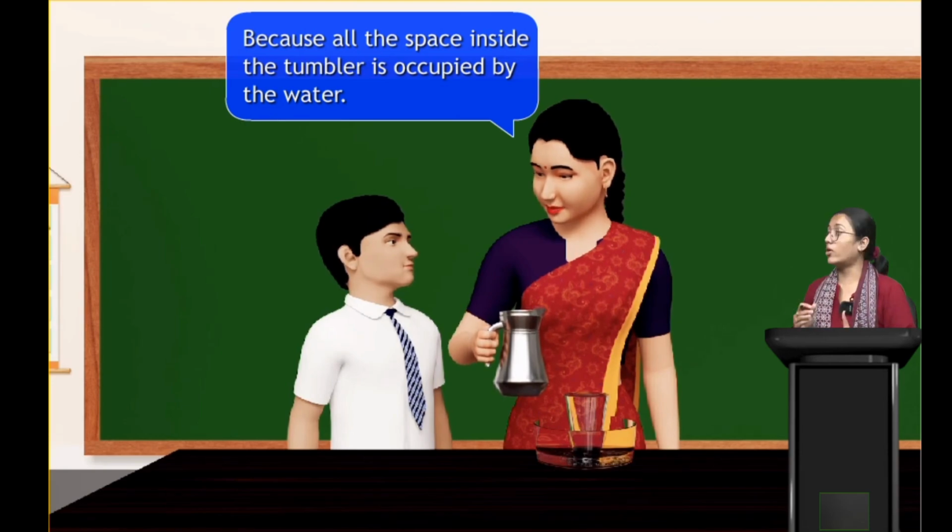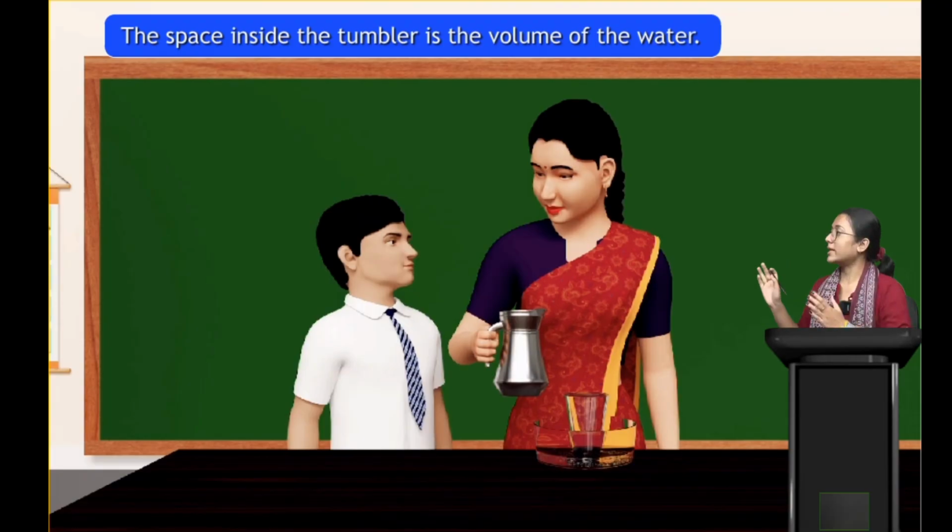The answer is because all the space inside the tumbler is occupied by the water. So the extra amount of water which is not able to stay in the glass is overflowing or spilling out of the glass. Clear? So that's why the glass is overflowing.